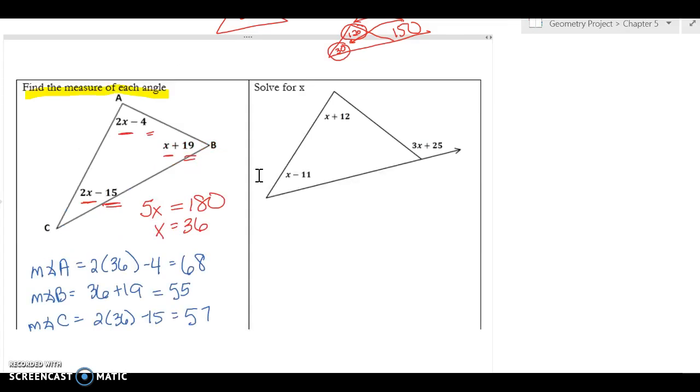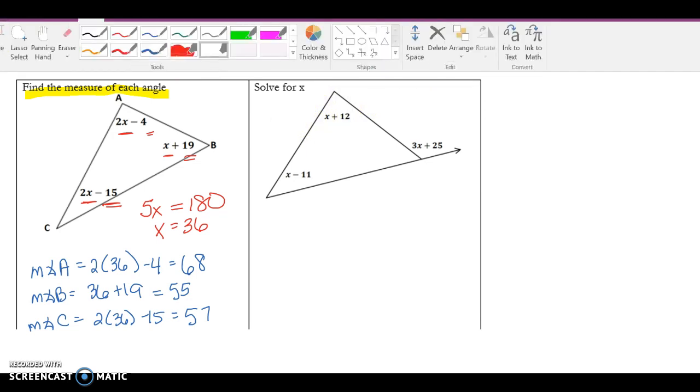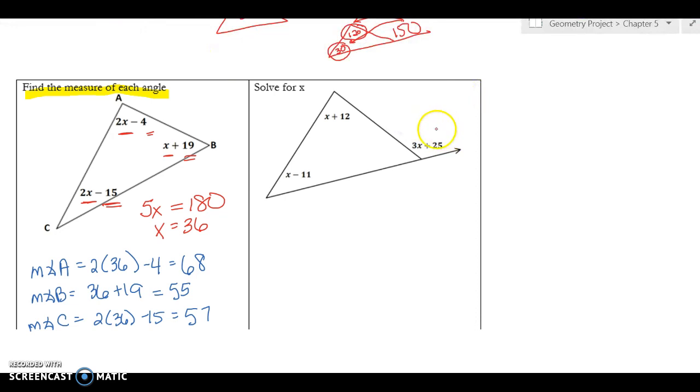Okay, so what we're going to do here, this is our remote exterior angle rule. Get a different marker. And so what this is saying is that this exterior angle is the same as these.